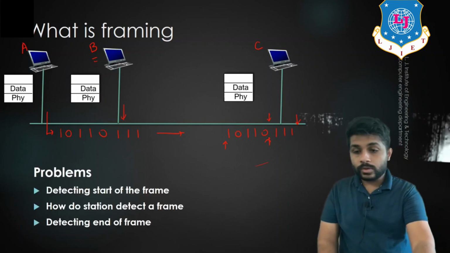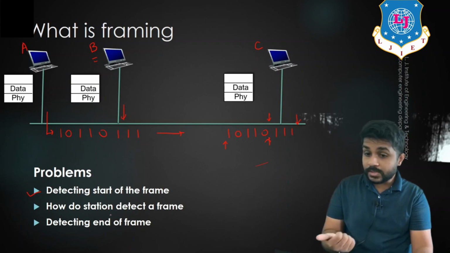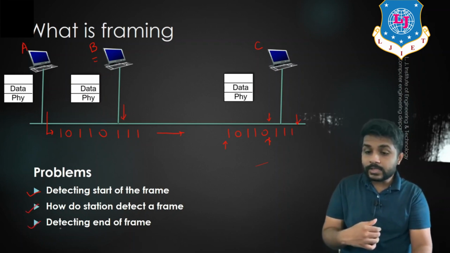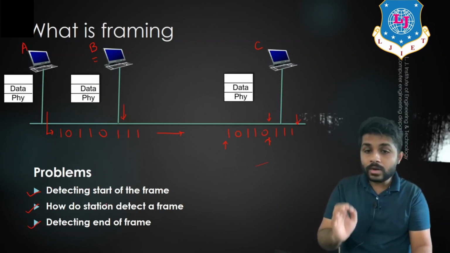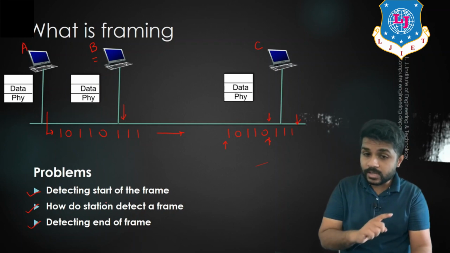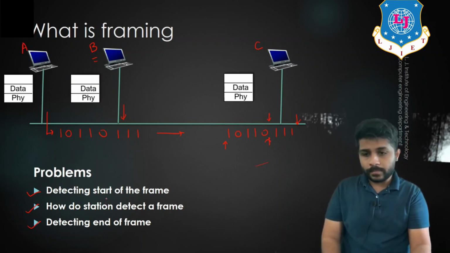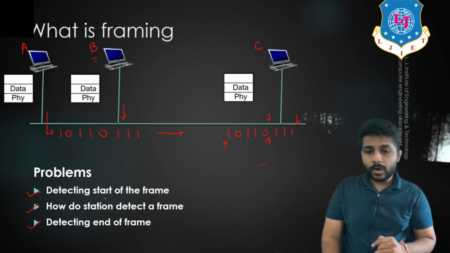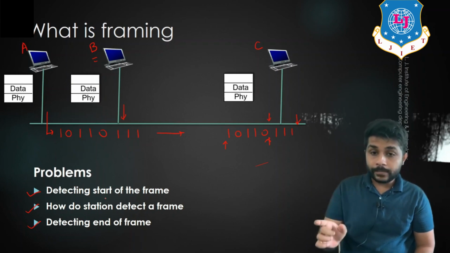Okay, so these are the problems which occur: the receiver doesn't know the start of the frame, the receiver doesn't know how to detect a frame, and the receiver doesn't know the end of the frame. Why? Because all the receiver is receiving is a stream of bits. So how to overcome this problem? To overcome this problem, the sender can send some extra data along with the original data.